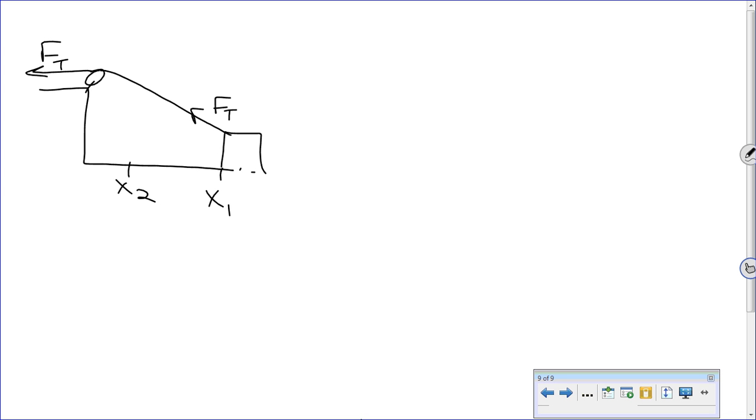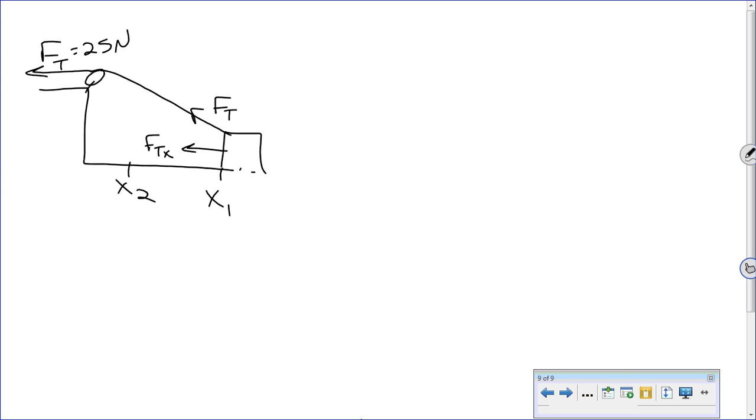So my displacement is this distance, and the force doing the work that we care about is really the horizontal component of that tension. We know that this tension is always 25 newtons, but when you bend it at this angle, the horizontal component's always going to change, because the angle's going to change. Does that make sense?